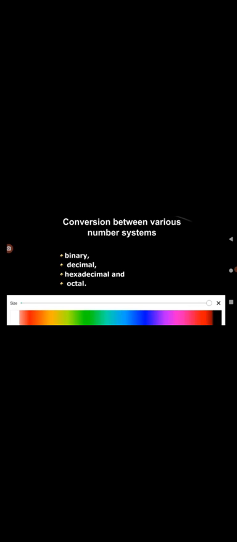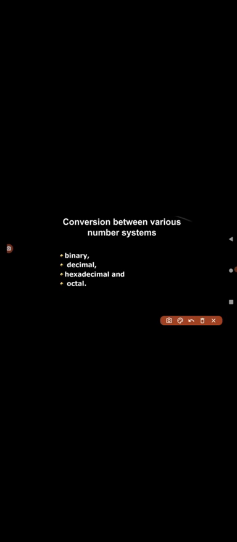Before going into it, let's know what a base is. Base represents a value representing a number system. It practically defines the number of digits or letters used in a number system. We have a formula here: 0 to r minus 1.